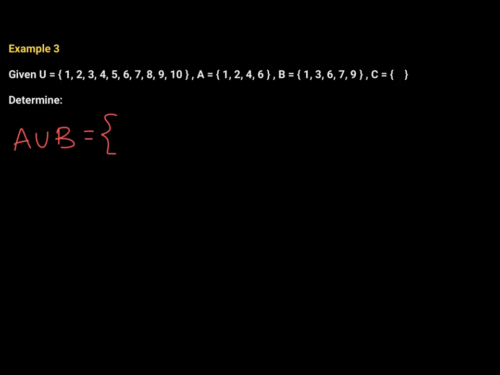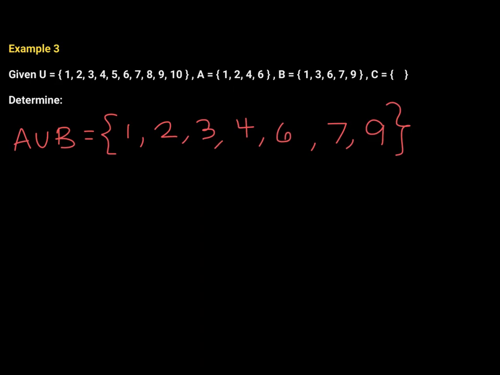All right, so let's start. Basically, this is how I do it. I put all of A in the union, all of B in the union, but do not repeat any elements. So 1 makes it into the union, 2 makes it into the union, 3 makes it into the union, 4 makes it into the union, 5 does not because 5 is in neither A nor B. 6 makes it into the union, 7 makes it into the union, and 9 makes it into the union.